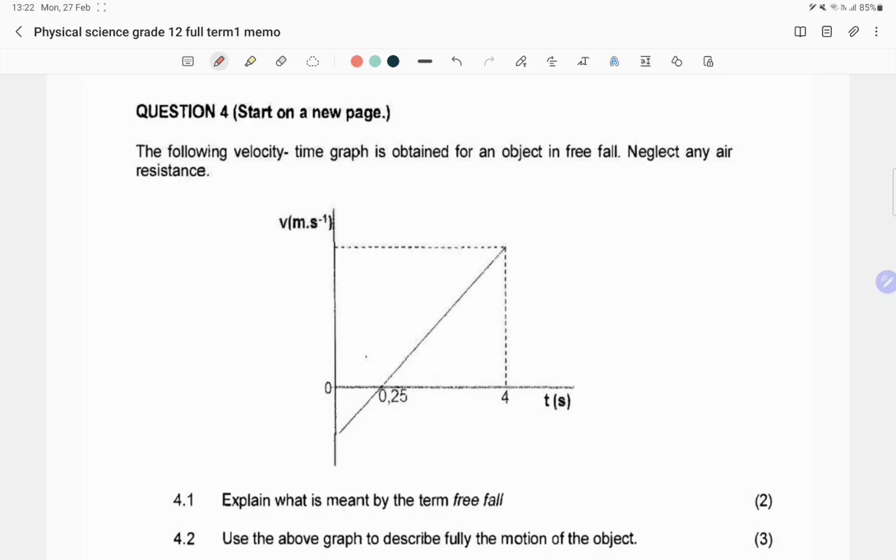All right, now we're given here the following velocity time graph is obtained for an object in free fall. Free fall means only gravitational force is acting. Then when we're saying neglect any air resistance, we are also creating a closed system, meaning no other forces are involved.